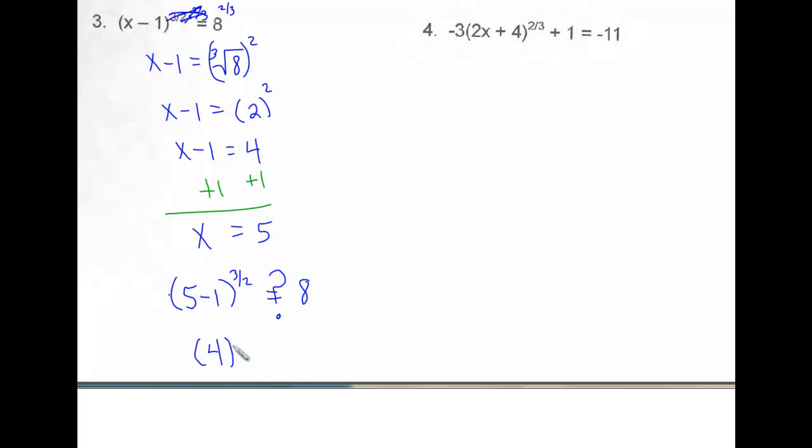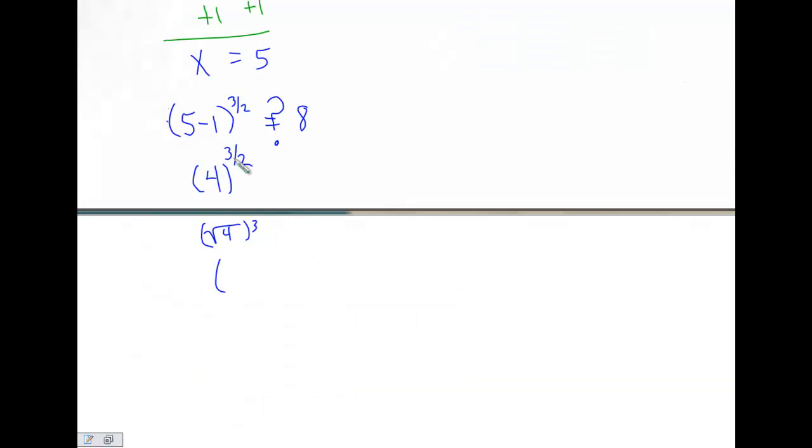So this is 4 to the 3/2 power. 4 to the 3/2 power is the same thing as the square root of 4 cubed. The square root of 4 is 2 cubed, so 2 cubed is equal to 8. So x equals 5 is the answer.